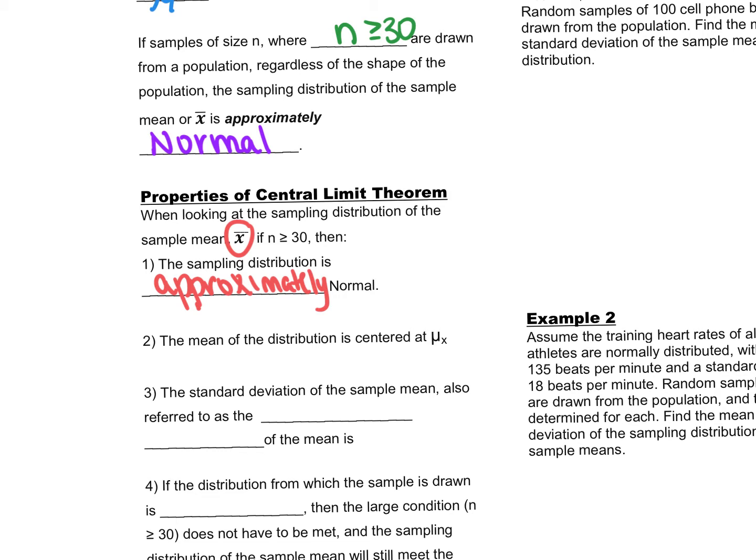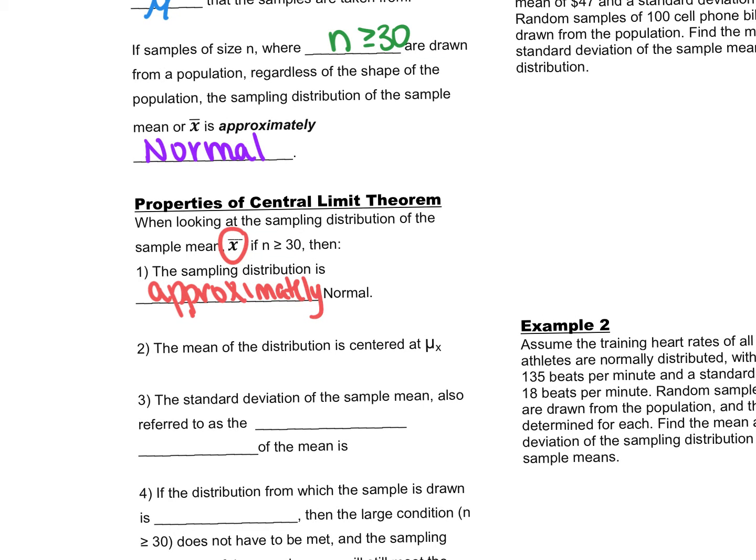It is also saying that X bar itself is a very good estimate of the actual population mean. And the standard deviation, which is now called the standard error: we used to talk about the standard deviation as sigma x, but now we're looking at the standard deviation of sigma x bar.